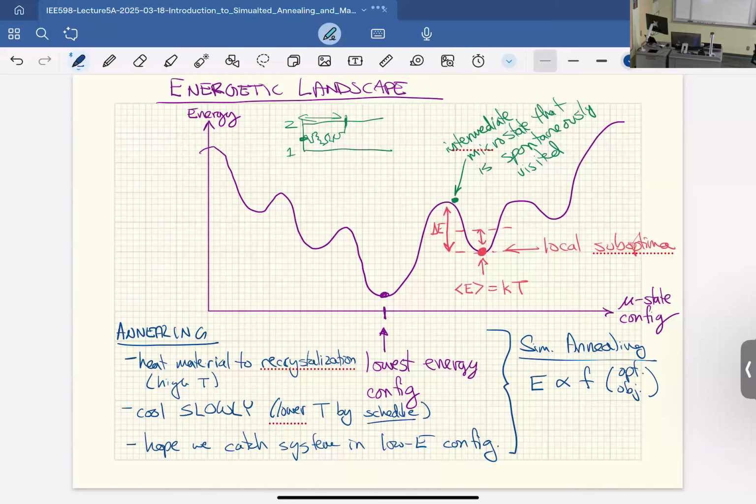And we are going to design an annealing schedule, and then our microstate is our heuristic optimizer.